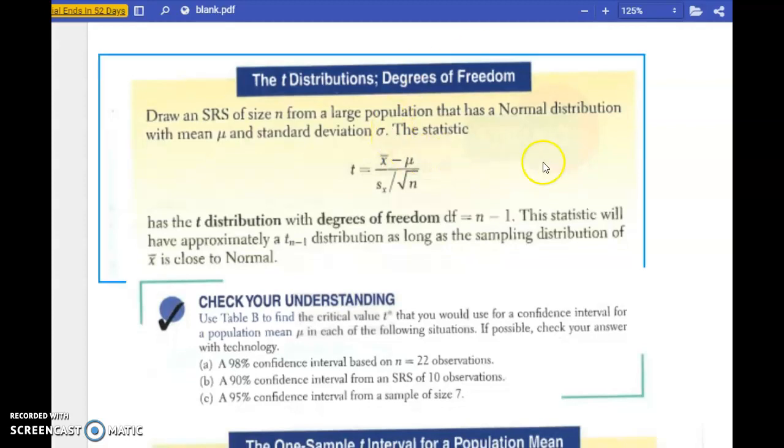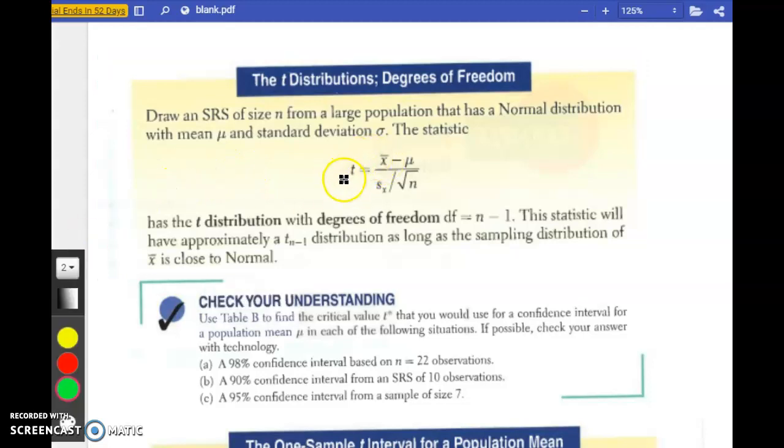Just like normal distributions have z-scores, t-distributions have something called a t-score. Look at the formula for a t-score. It looks very similar to a z-score for a sampling distribution, except here in the denominator we have a sample standard deviation. That's not incredibly important to us because we have a calculator. What is important is the t-distribution.